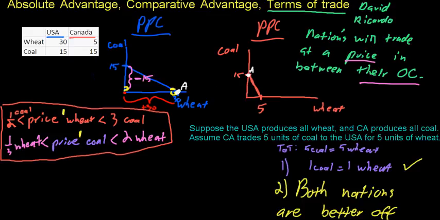So we're going to go over 5: 1, 2, 3, 4, 5. And then we're going to go up 5: 1, 2, 3, 4, 5. And we can see now that this point B is outside of the production possibilities curve for the USA on its own.